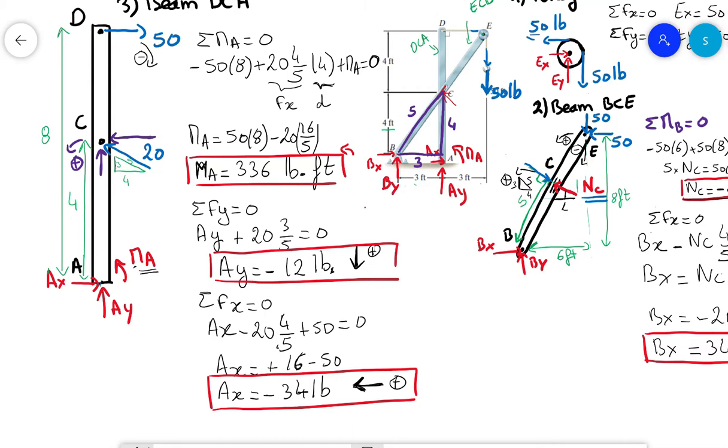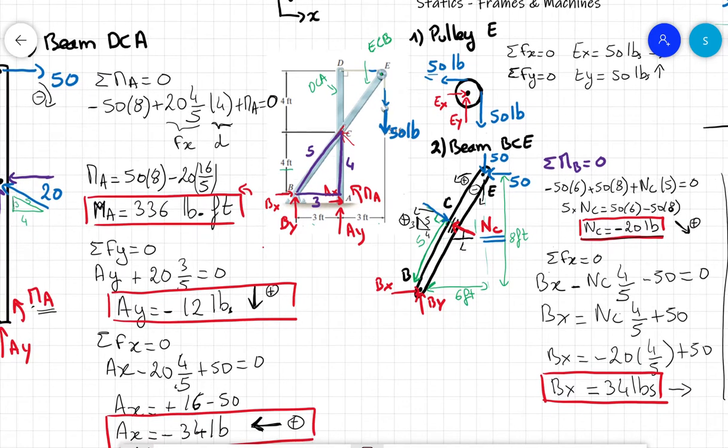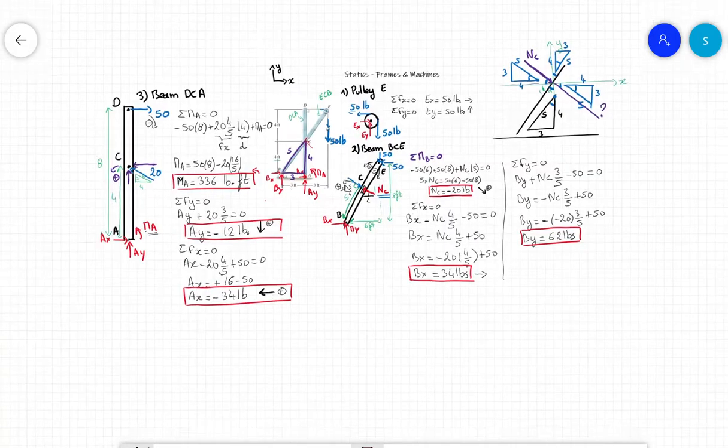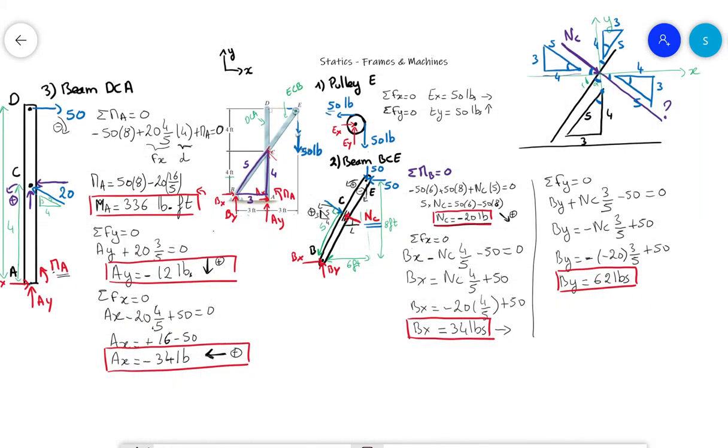Okay, so if we come back on our free body diagram from the beginning, with what we found, let me try to have everything on one page. We can replace those forces.